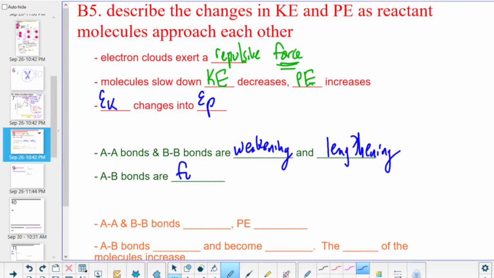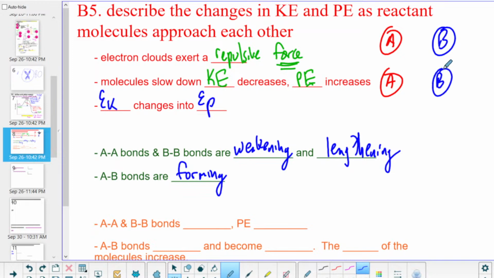Our AB bonds were forming. We're going to draw a little sketch. So we have A. Let's go with B. We already did. They're running into each other. So we have this force. Imply movement with some arrows like we're in a cartoon. And they're bonded to each other in holy matrimony.